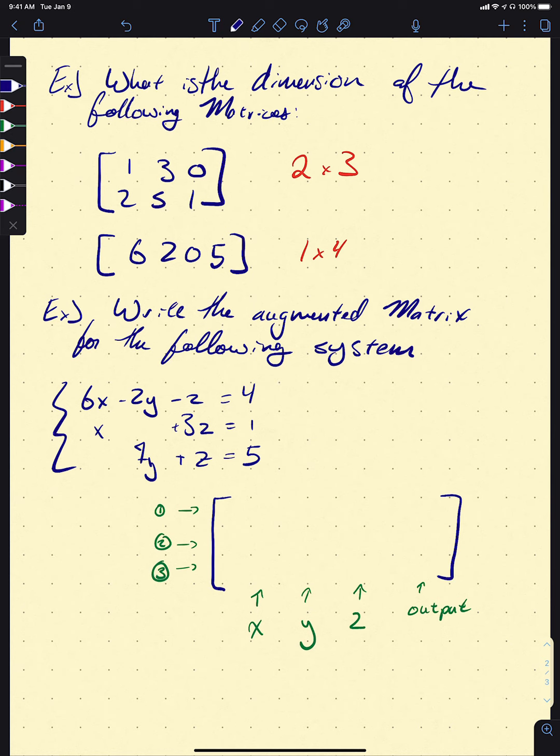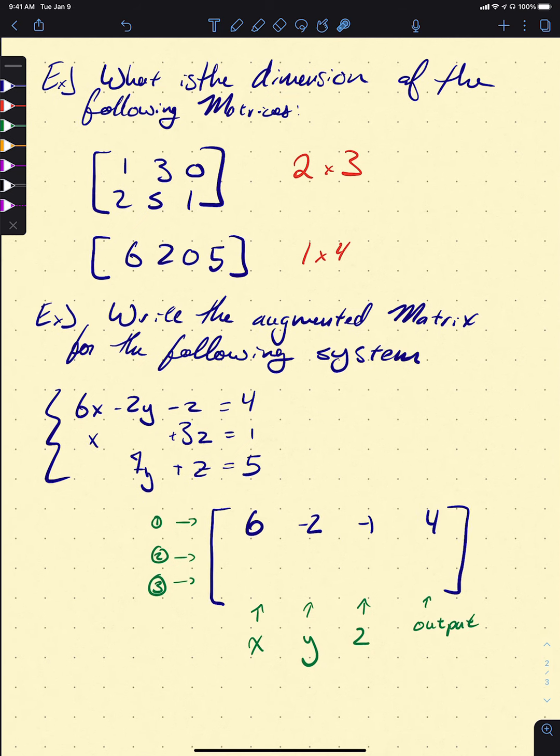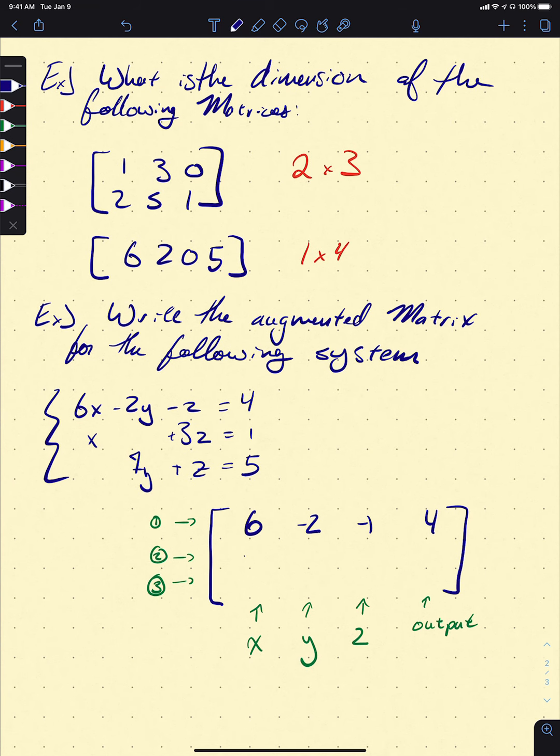And let's take a look at this, right? Our first equation, it looks like it's 6, -2, -1, 4, right, for my x, y, z, and output value. My second one looks like it has 1x, 3 z's, and an output of 1.